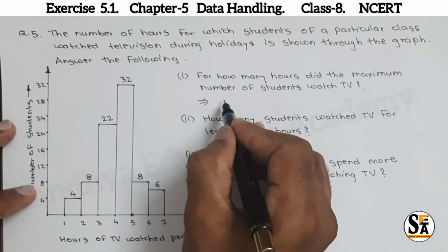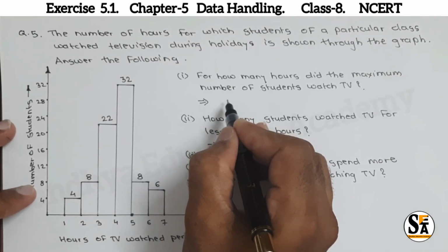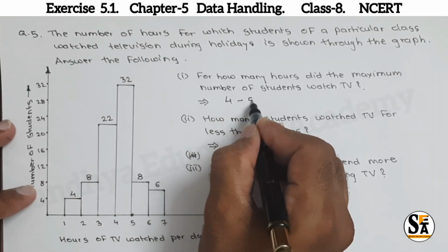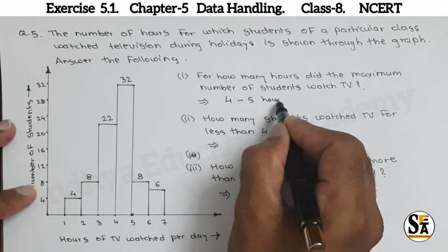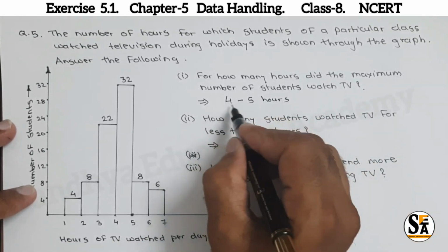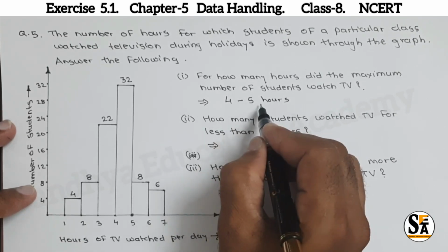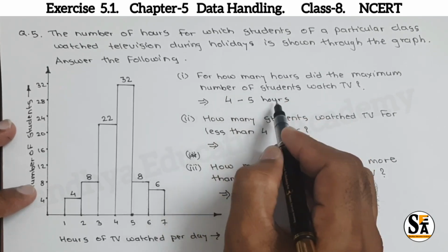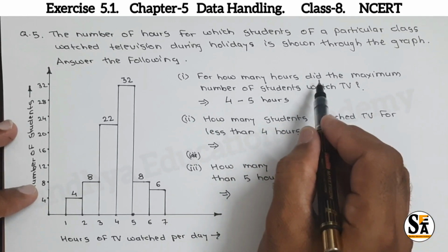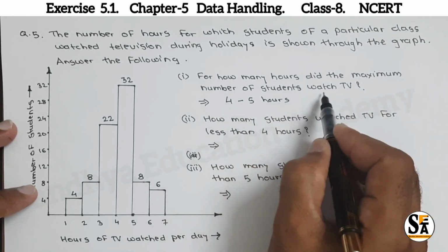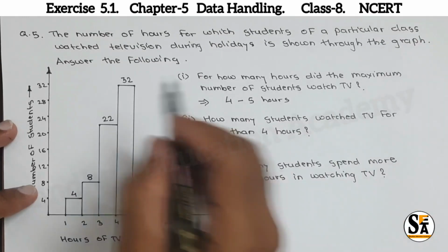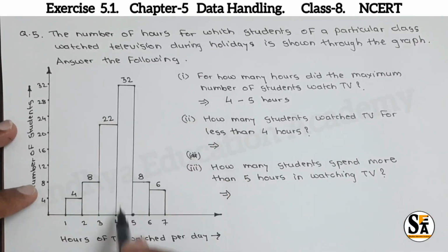So our answer must be 4 to 5 hours. This is our answer, 4 to 5 hours is when the maximum number of students watch TV. 32 is the maximum, so this interval is our answer.